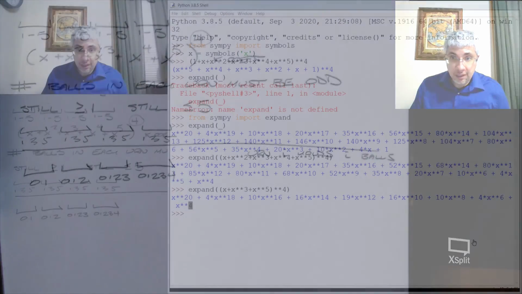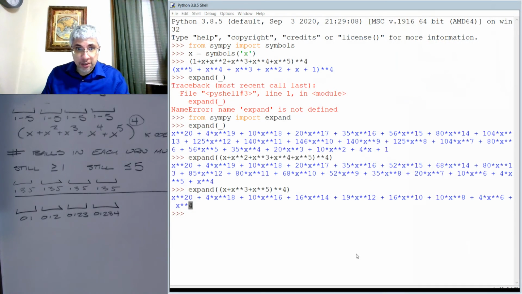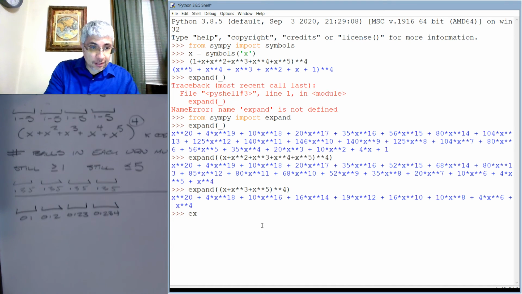Well, let's check that out. We could sort of do this quickly. Let's just, actually, we'll just write this out first. So I have 1 plus x times 1 plus x squared times 1 plus x squared plus x cubed.